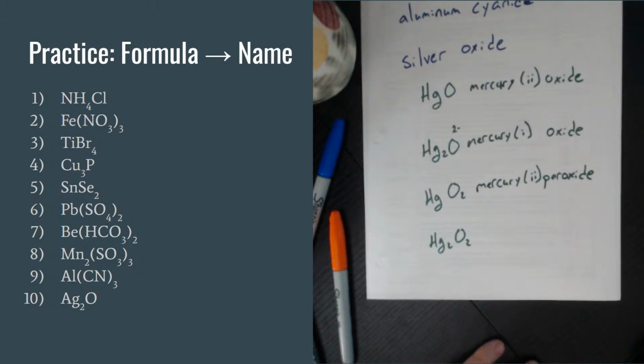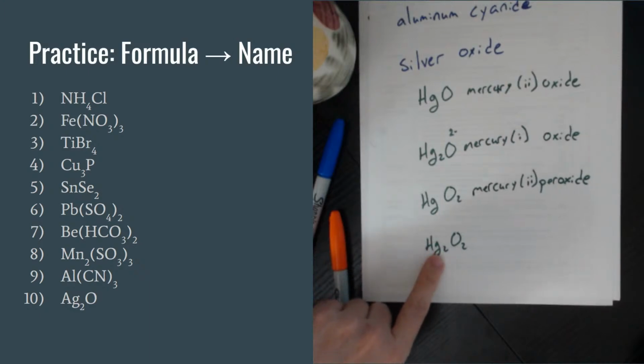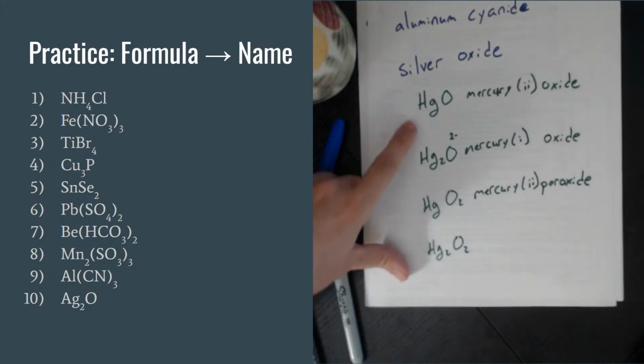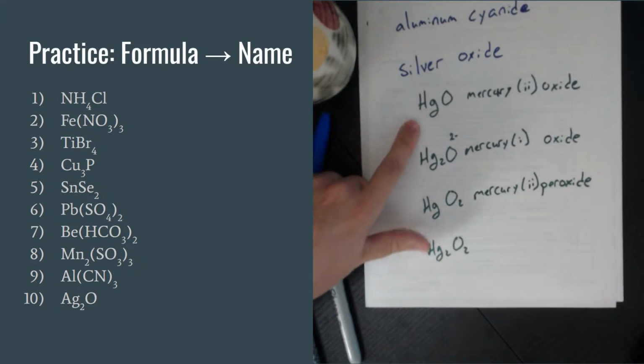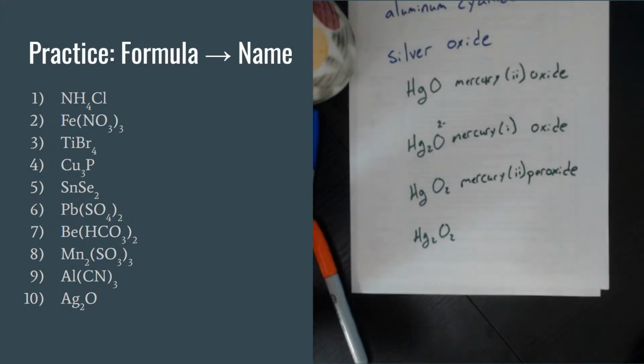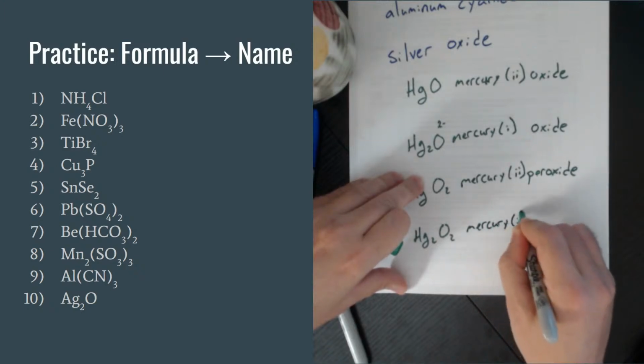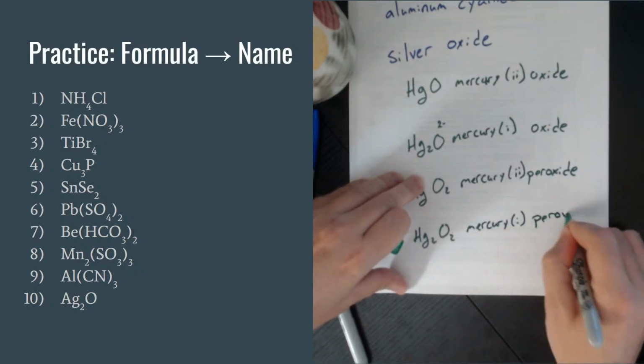There's no common factors. So when you see something like this that looks like it does have a common factor, that is your clue that you're looking at polyatomic ions. Because this cannot be mercury 2 oxide, because that would be a 1-to-1 ratio. So at least one of these has to be a polyatomic ion. And in this case, they both are. Because this right here is mercury 1 peroxide.